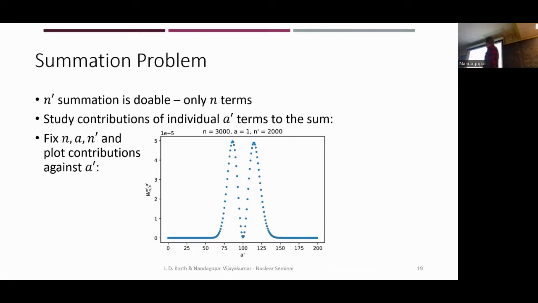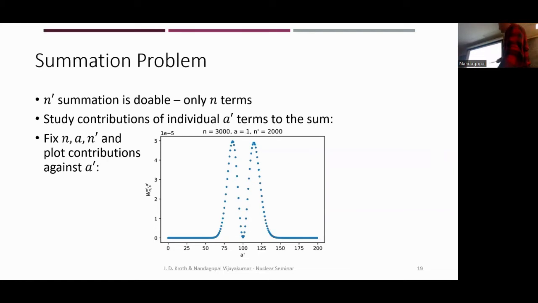But it looks like there are only about 100 or so terms that we might care to calculate, depending on what tolerance we set. This is just a characteristic one. If we could narrow a few 100,000 A primes down to 100 A primes for each value of N prime that we're looking at, that would be a great boon to our computational capacity.